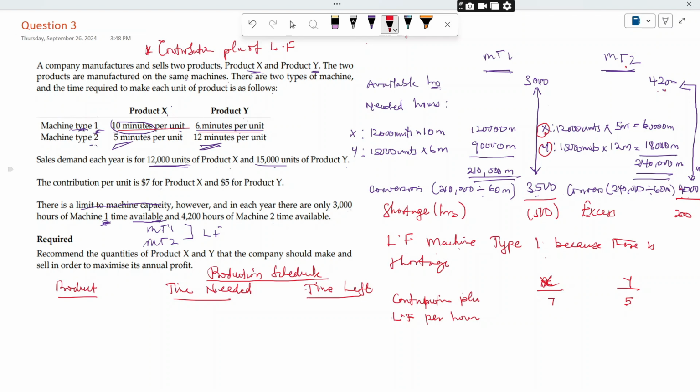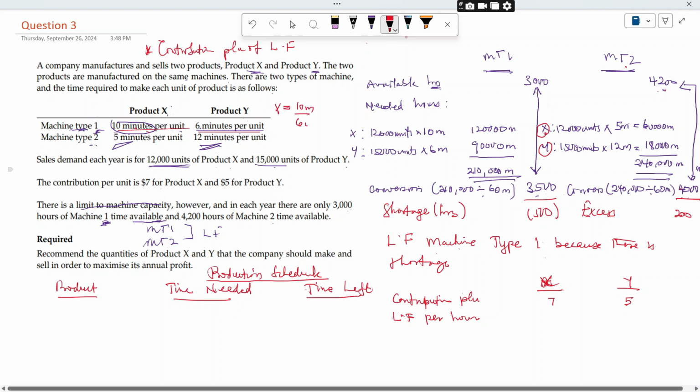Now, here we cannot express it in units because the time available is in hours. So we need to convert this into hours. For X it is going to be 10 minutes divided by 60. 10 divided by 60 is 0.167, let's make three decimal places.